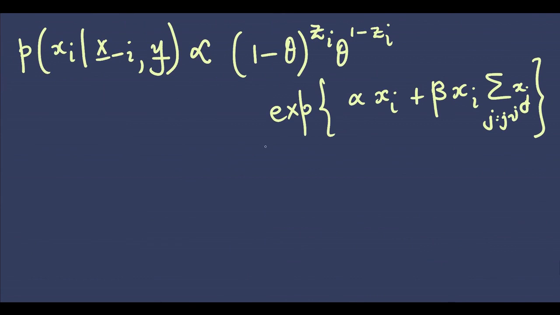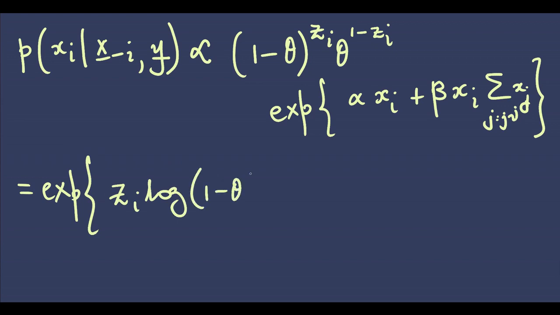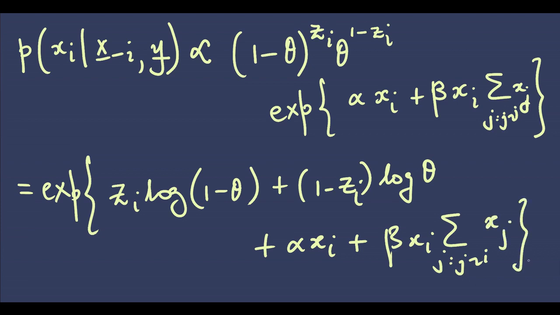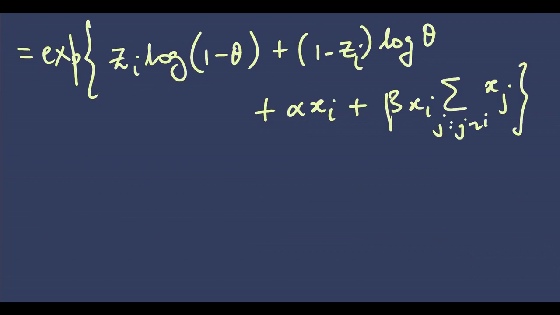We can simplify this a little bit further, so we can bring everything up into the argument of the exp. So we can write this as zi log 1 minus theta plus 1 minus zi log theta plus alpha xi plus beta xi sum over j such that j is a neighbor of i of xj. And we can then simplify that a little bit further, right?